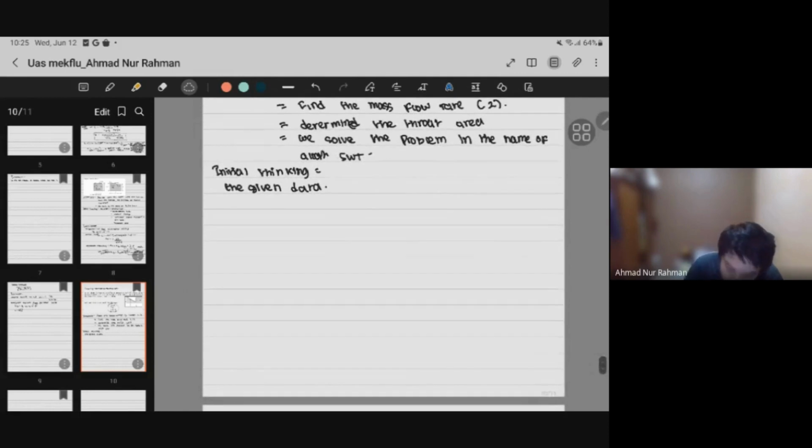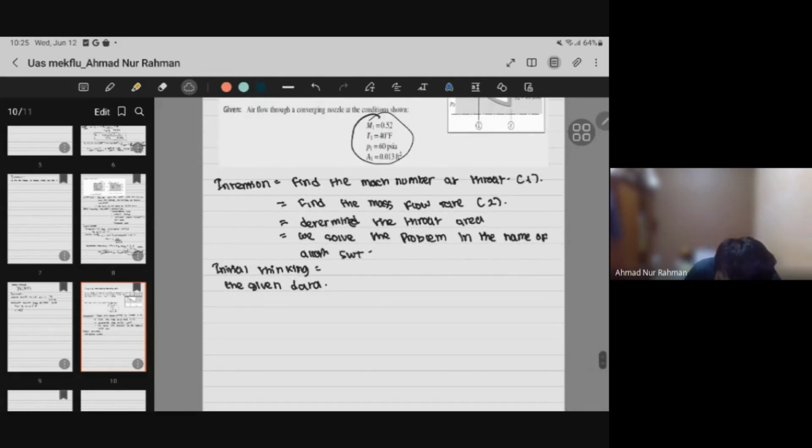The given data is M1 equals 0.52, T1 is 40 degrees Fahrenheit, P1 is 60 psi, and A1 is 0.013 feet squared.